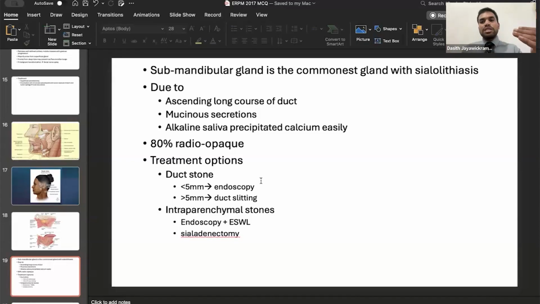If this MCQ is formed by a very senior surgeon who practices that older approach, then he might be expecting you to mark this stem as false, because in the gland you have to do sialadenectomy. But in the books it might say something different. So it is again a little bit ambiguous. So in this question, I know that I can score 4 marks with the other MCQs and leave this MCQ.